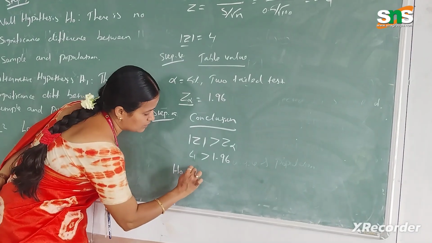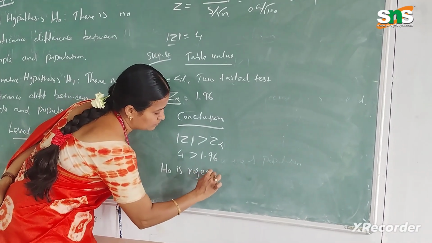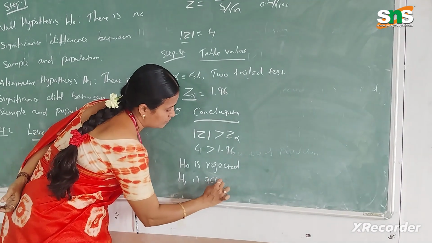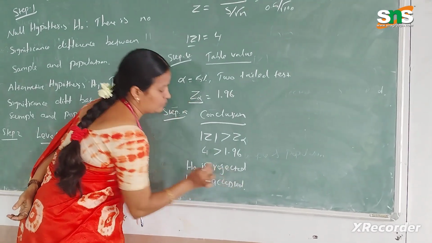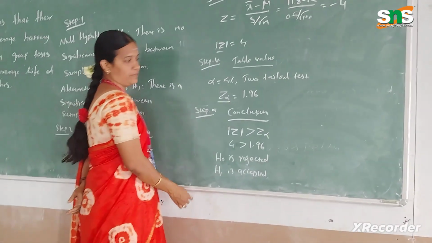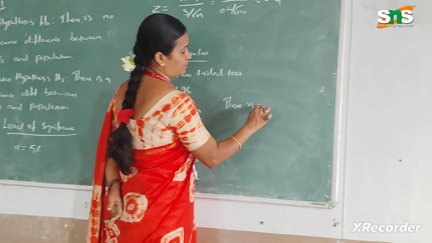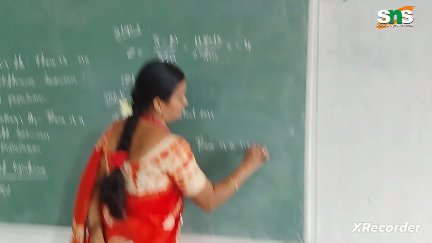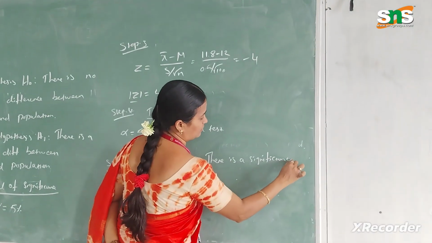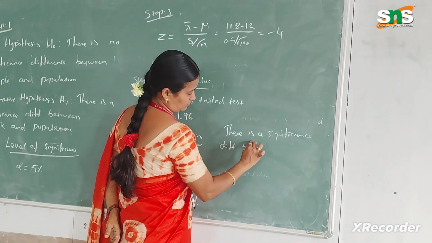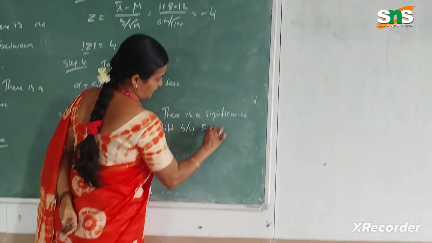H naught is rejected and H1 is accepted. So what is the H1 statement? There is a significant difference between population and sample.